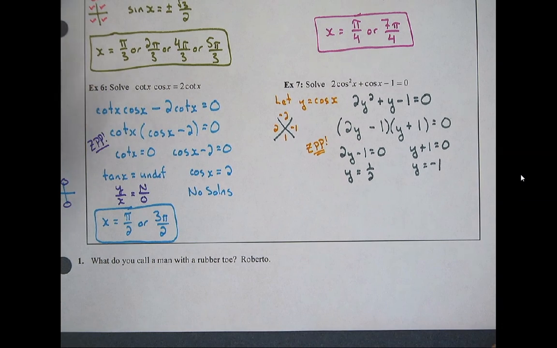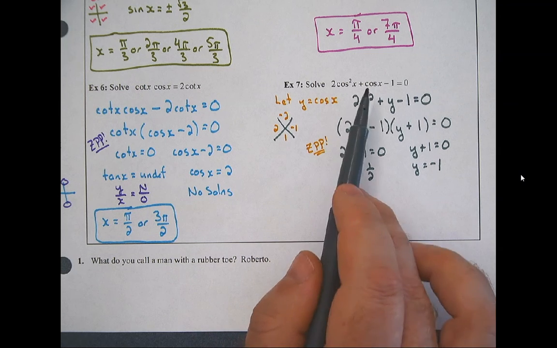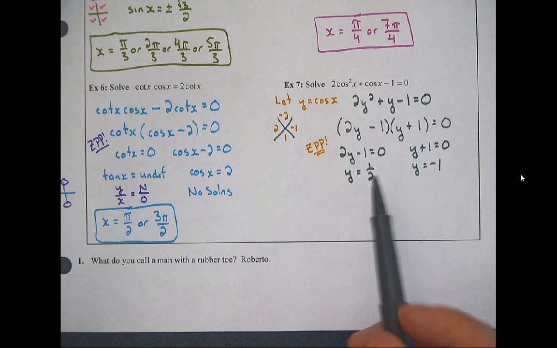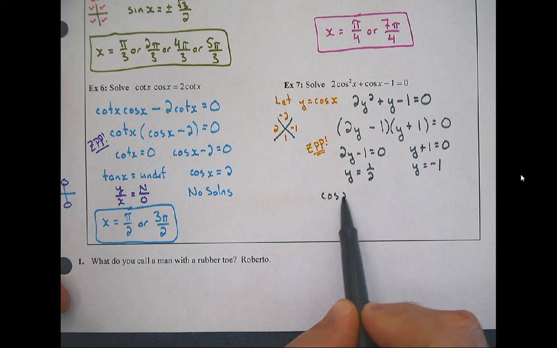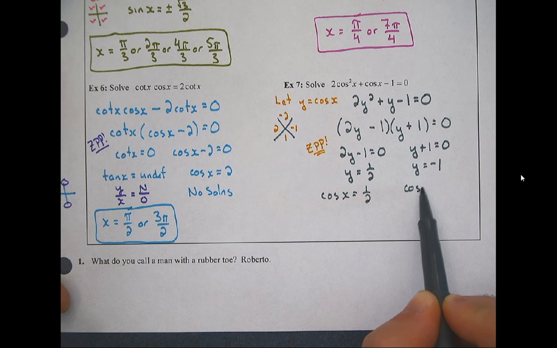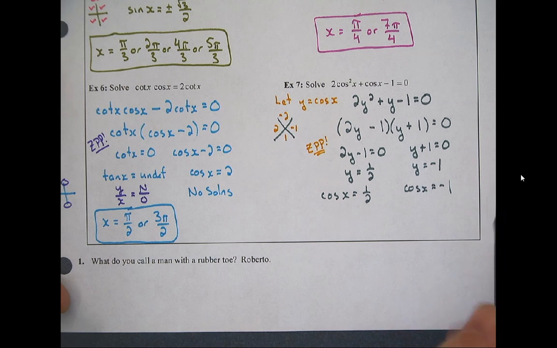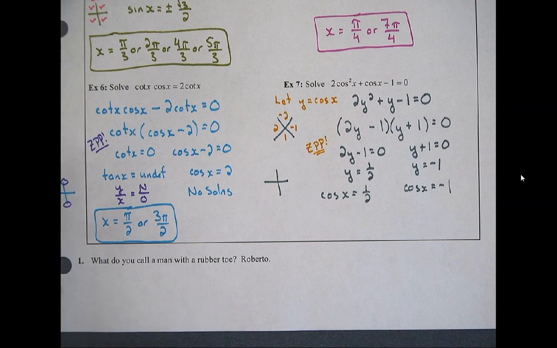Now, nobody cares what y is. Y is something we chose to hide cosine as, just to make it easier to factor. So at the end, don't forget that you're going to have to actually put cosine back into your equation. Cosine of x equals 1/2. Cosine of x equals -1. And now we want to solve this using our unit circle.